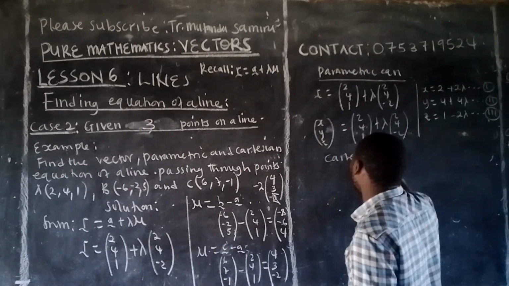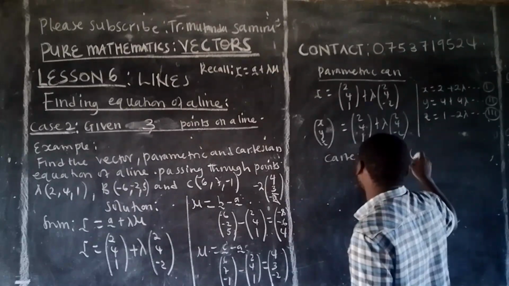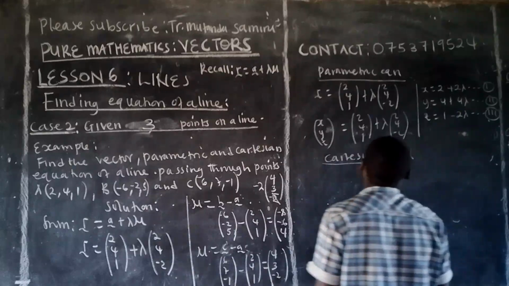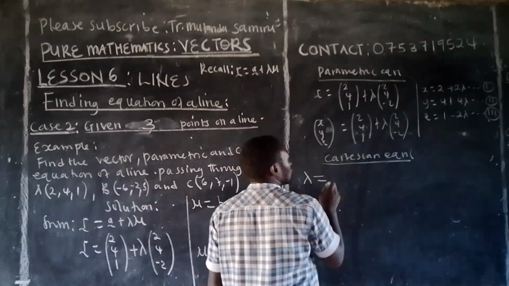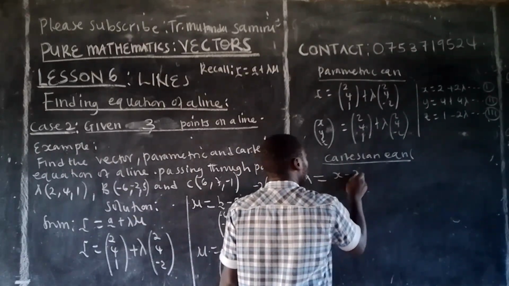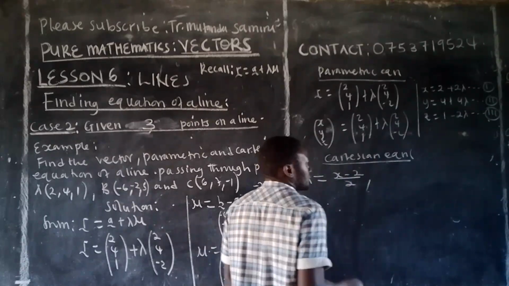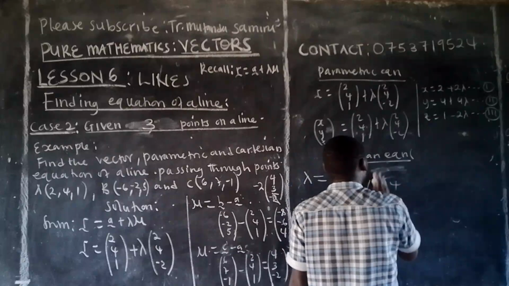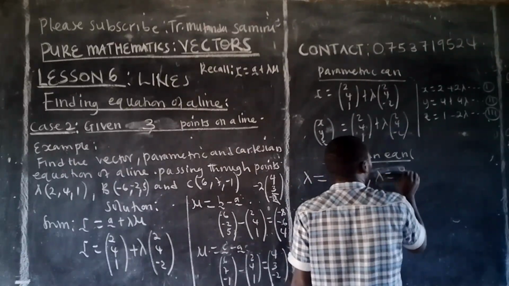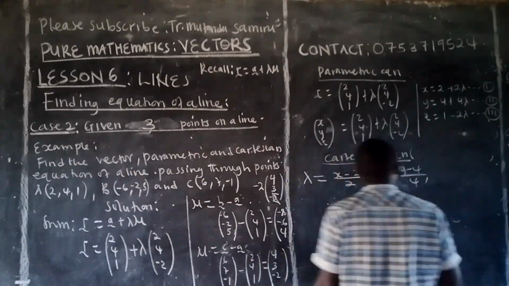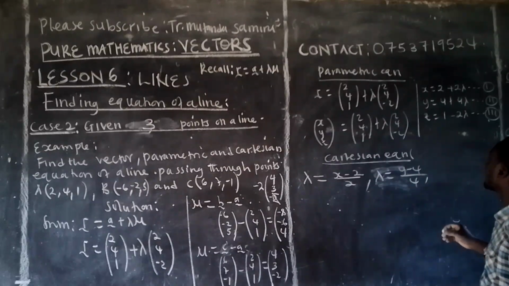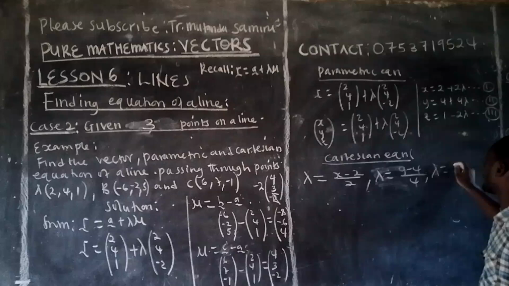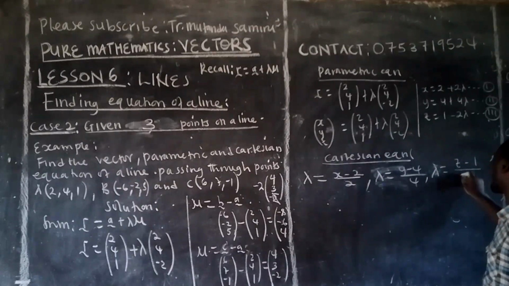Cartesian, I clarified in the other lesson. In the previous example, you make lambda the subject. From equation 1, lambda will be equal to x minus 2 over 2; lambda is equal to y minus 4 over 4; lambda is equal to z minus 1 over negative 2.